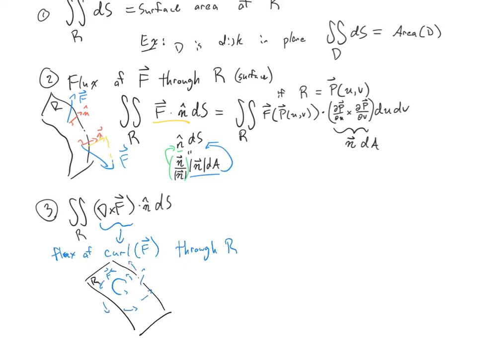Something like this. And maybe some of them are coming a little bit off of R. They're not entirely parallel to R, but they're happening all throughout. So you should think of F as being like a vortex in a three-dimensional wind tunnel. And I'm asking about how much it's spinning around on R. And so the way you do this is the difference between F and the curl of F.